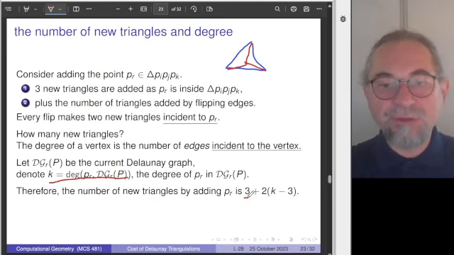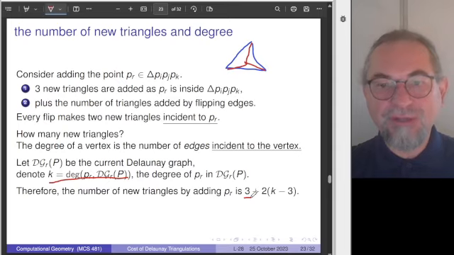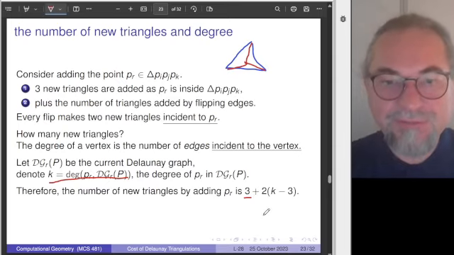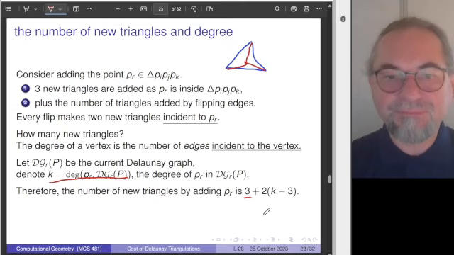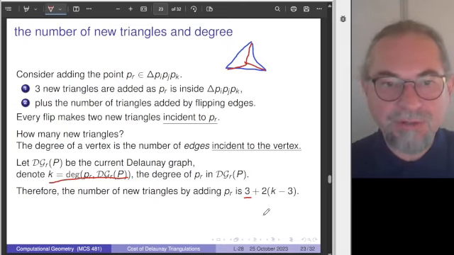In general, we do have 3, but we may have more new triangles that we are adding. And that depends on the degree of the vertex. But 3 is here actually the important number.